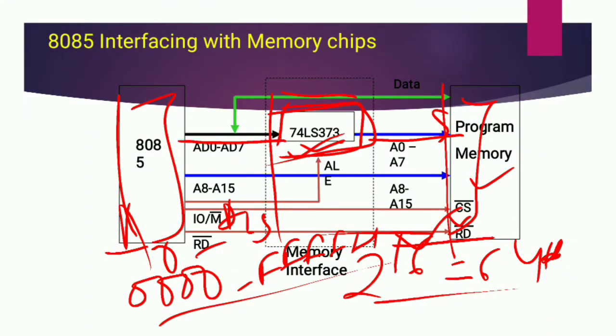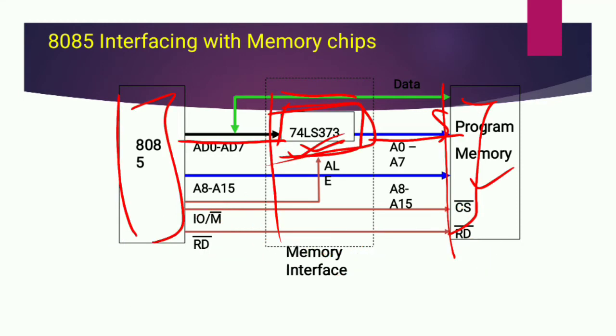So this is the range of the processor. The 8085 initiates a set of signals such as IO/M bar, RD bar and WR bar when it wants to read from and write into memory.